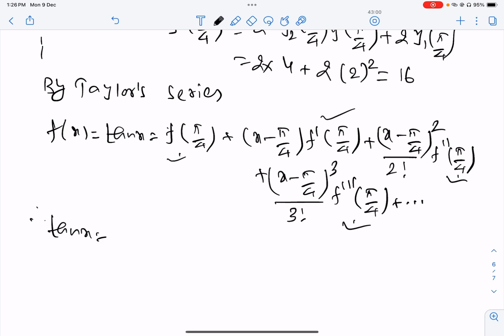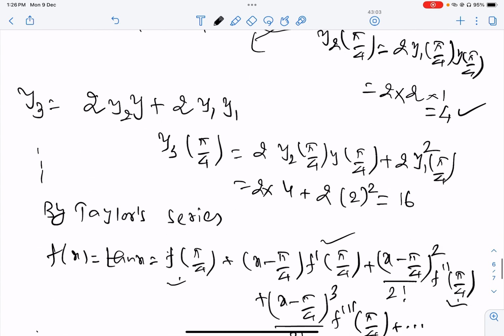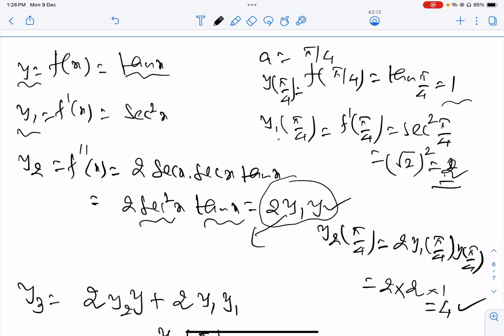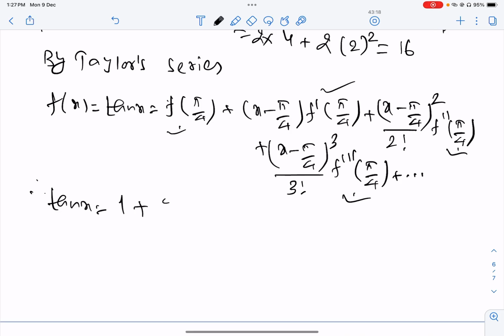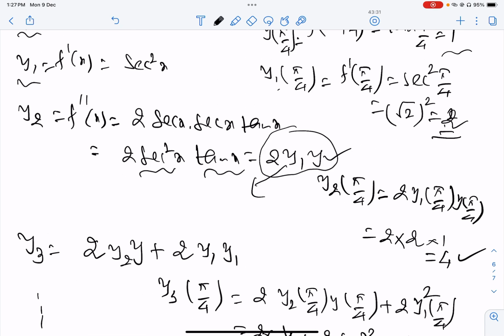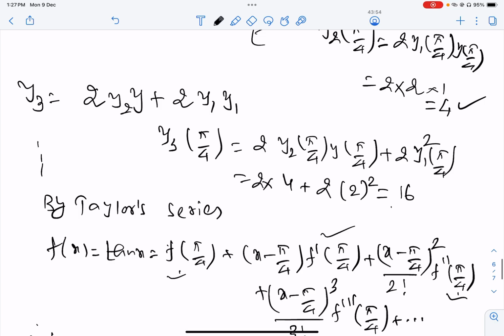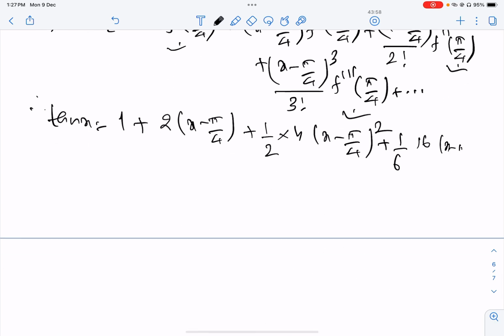So tan x is equal to f of pi by 4, which is 1, plus f dash pi by 4, which is 2, so this is 2 into x minus pi by 4, plus 1 by 2 into the second derivative at pi by 4, that is 4, so this is 4 into x minus pi by 4 square, plus this is 3 factorial, so that is 6, into the third derivative at pi by 4, that is 16, so 16 into x minus pi by 4 power 3, and so on.